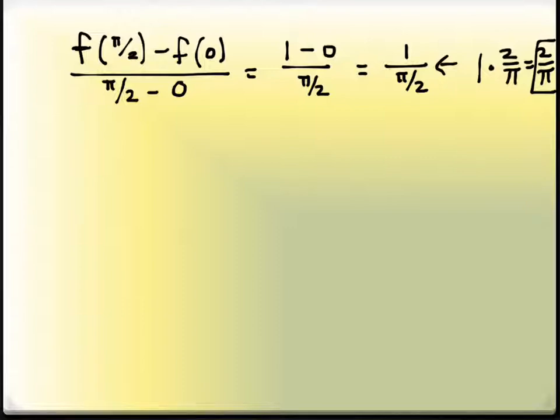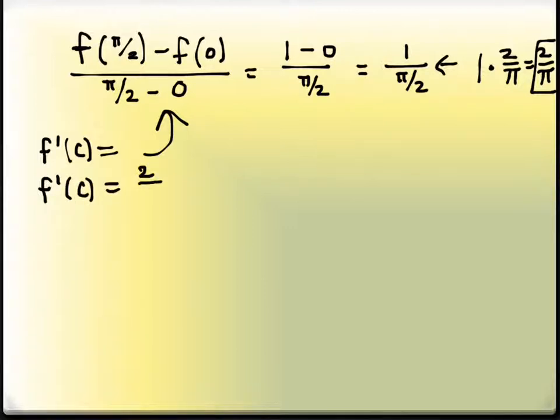So the mean value theorem said that I should have my f prime of c equal to this value. So that's f prime of c that should be equal to the 2 over pi value that I just found, right? What was f prime of c? Cosine.